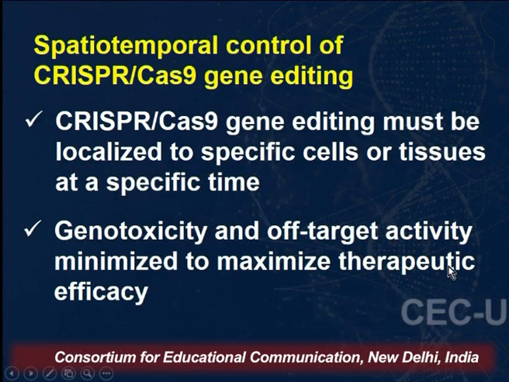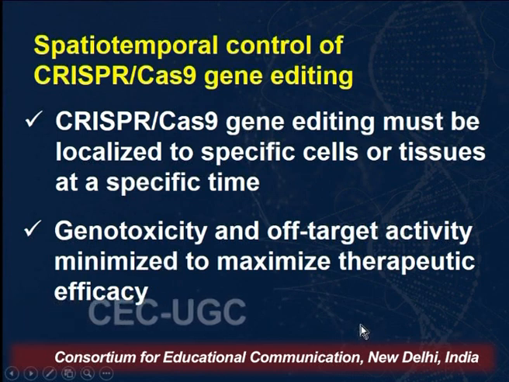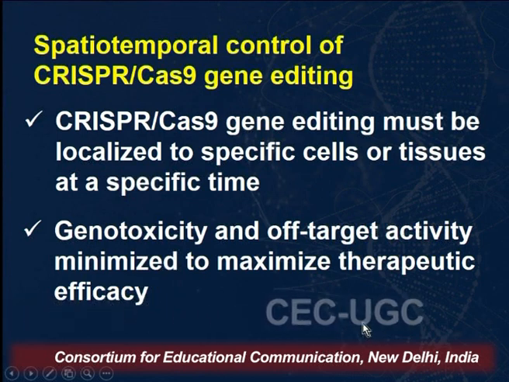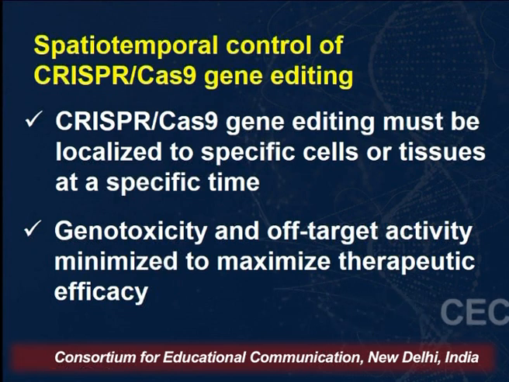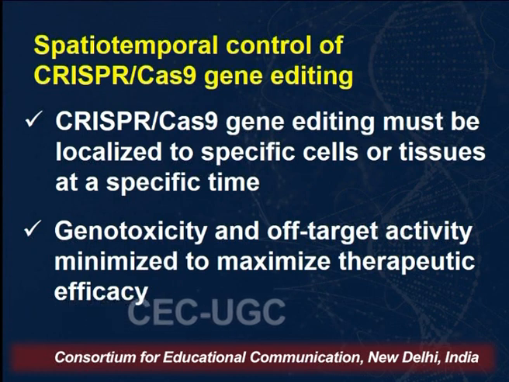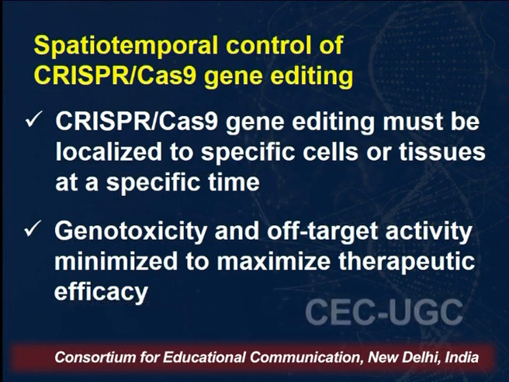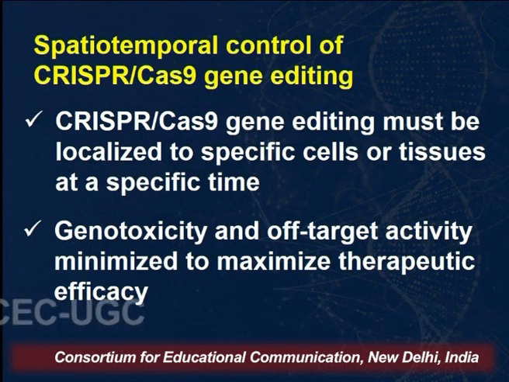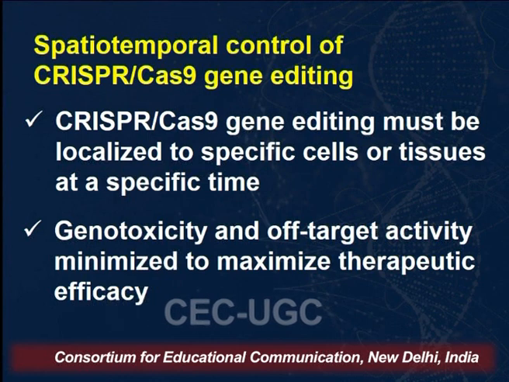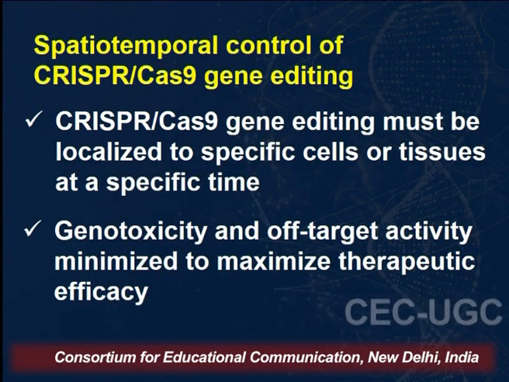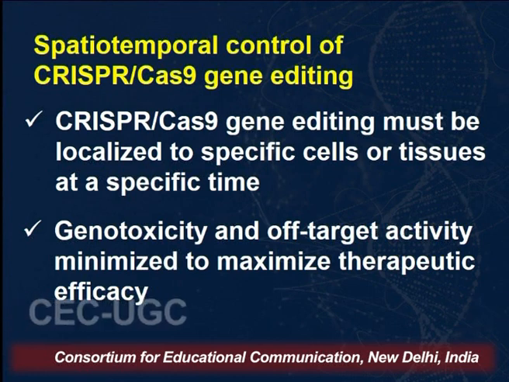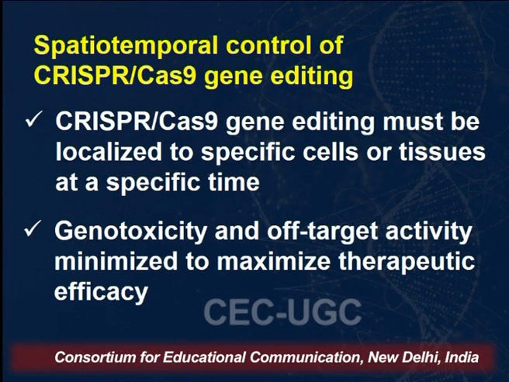One important aspect of the CRISPR-Cas9 system that I wanted to touch upon today is the off-target genome editing activity that occurs. Moreover, sometimes CRISPR-Cas9 gene editing is required to be localized to specific cells or tissues at a specific time. So we do not want any cell to be edited; whenever we are targeting a particular cell, this spatio-temporal control needs to be there.